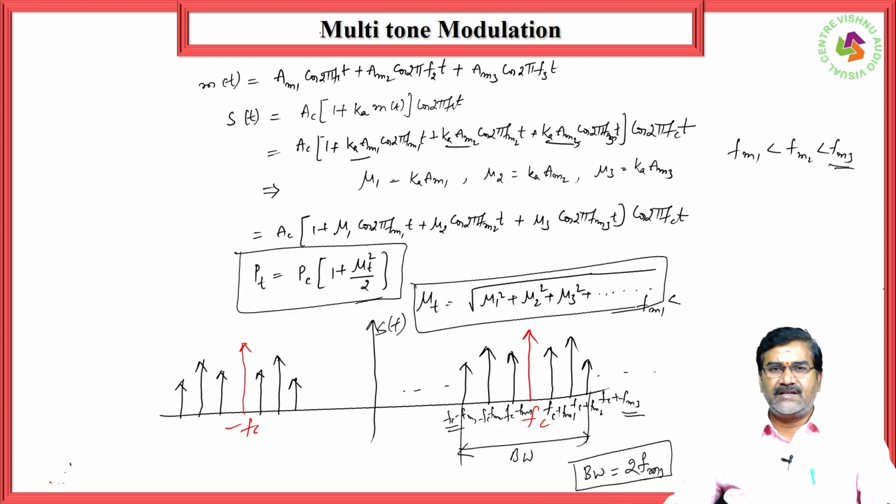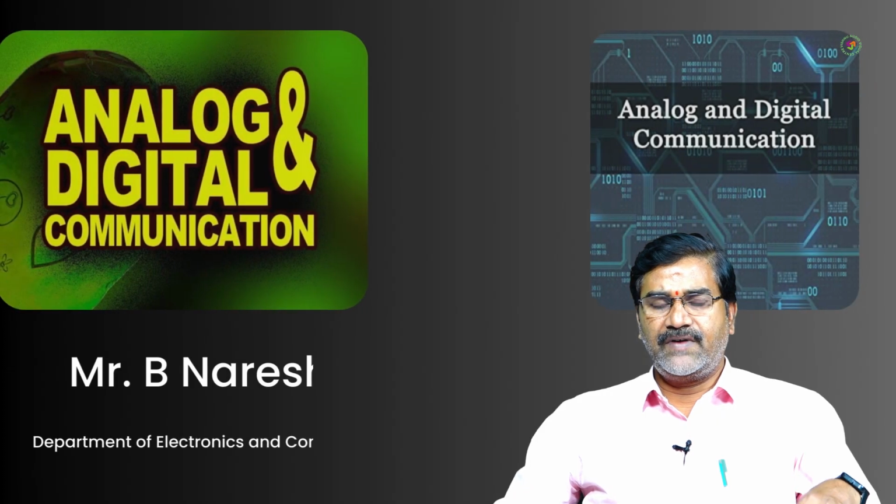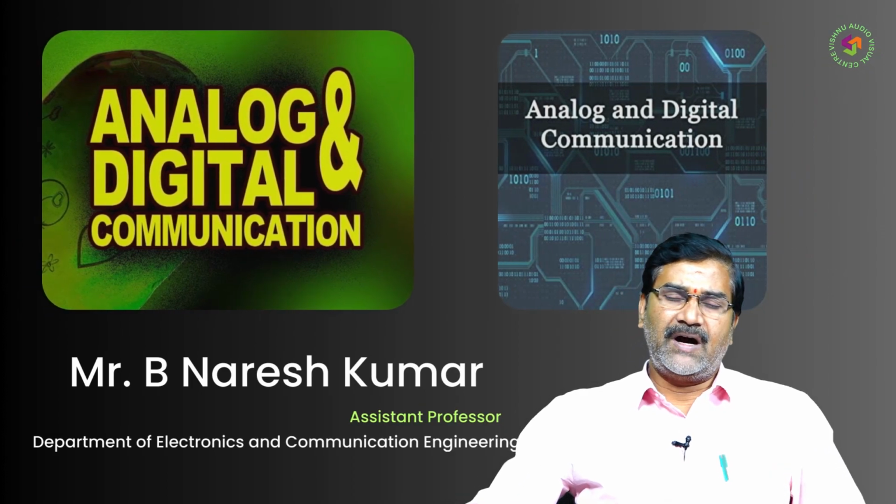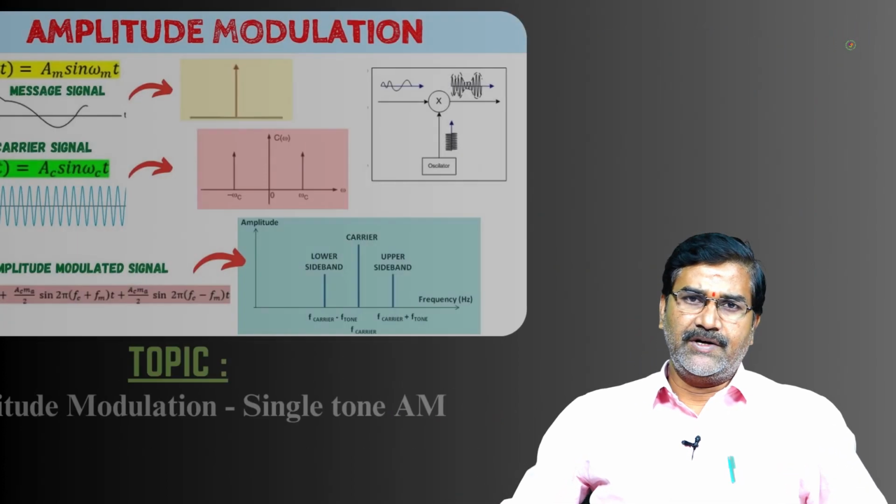Then we extended that to multi-tone, where multiple frequencies are considered to transmit the AM signal, and we calculated the total power and the bandwidth required for transmitting the multi-tone signal.